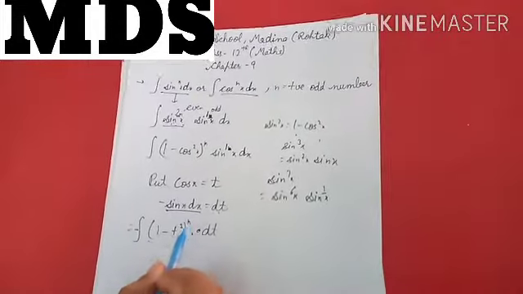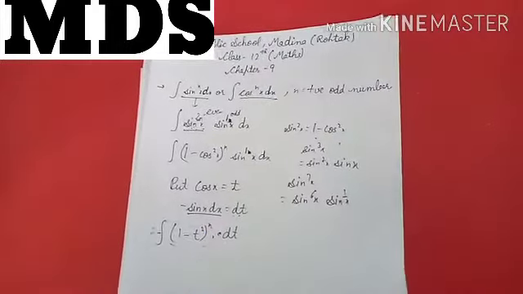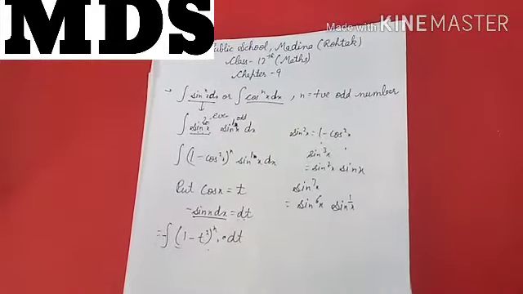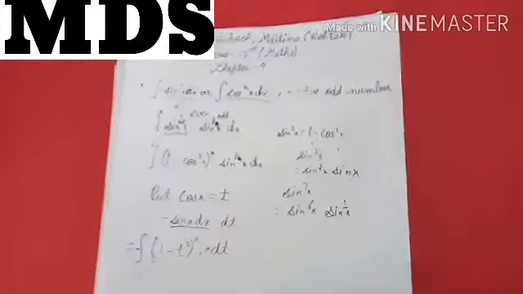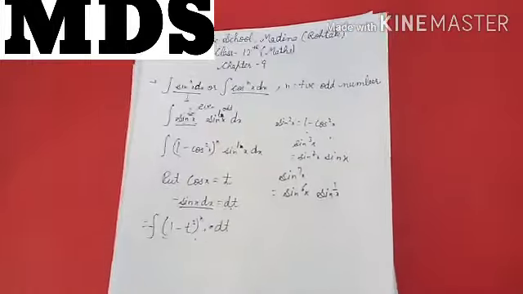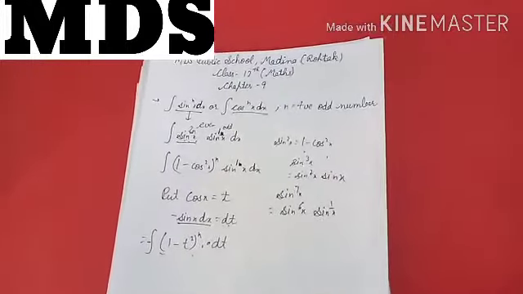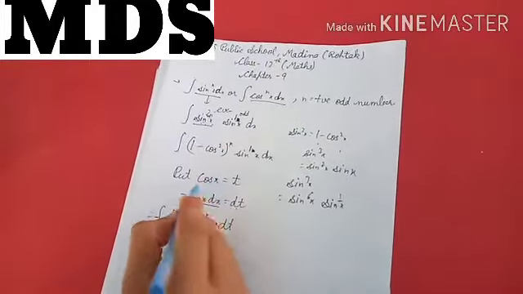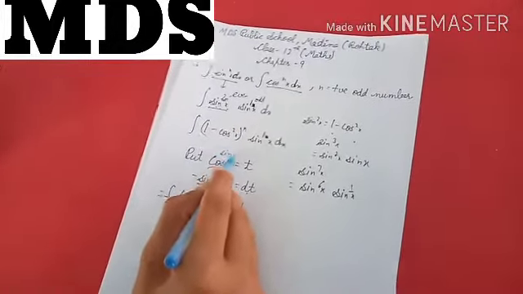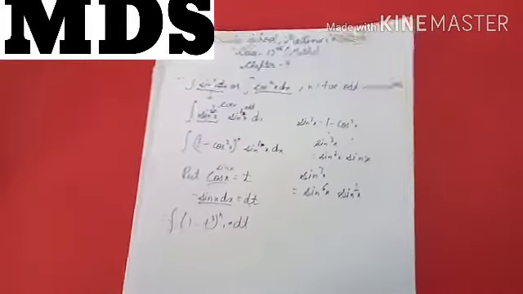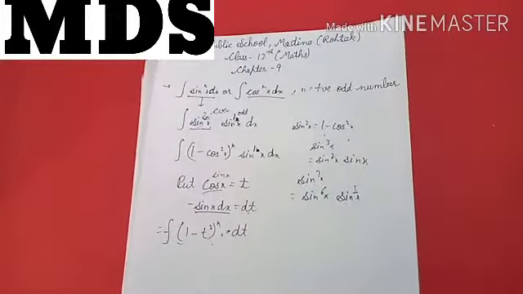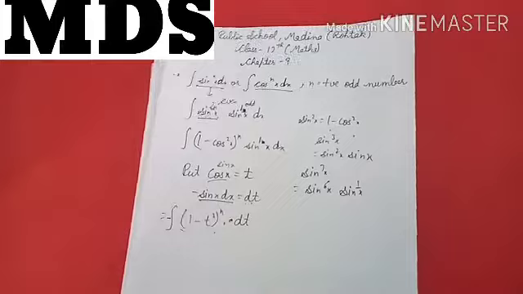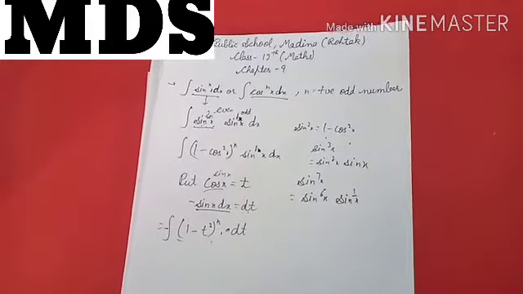Means if it is cube we will solve its cube. If it is square, we will solve its square. Okay, and then we can just directly integrate. And similarly, if we have a cos here, we will put sin x as t, and then we can solve. We will get the same. Okay, it was the first part.